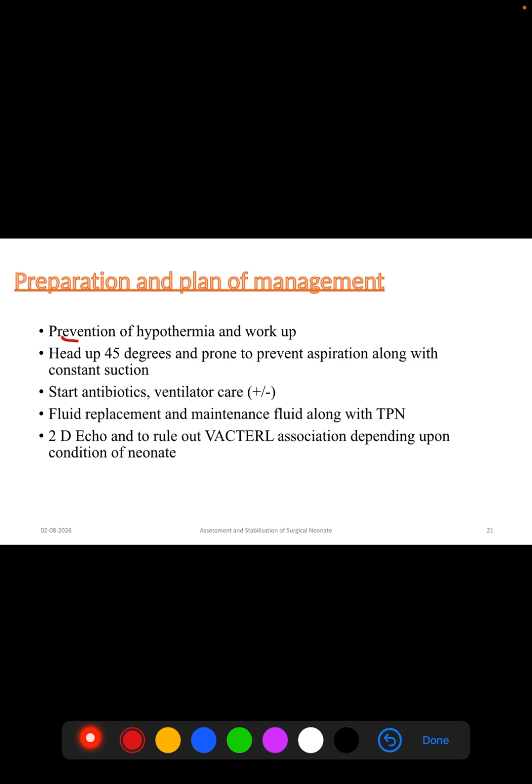So: prevention of hypothermia and workup, head up 45 degrees and prone to prevent aspiration. Along with that, we have to do constant suction and start antibiotics. If the baby requires intubation, we have to intubate the baby.